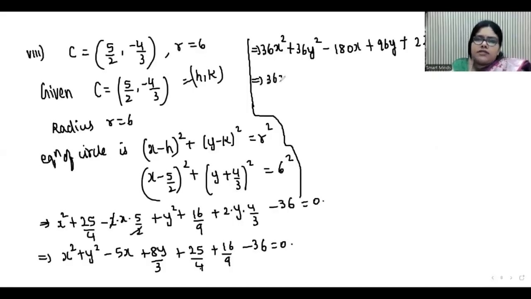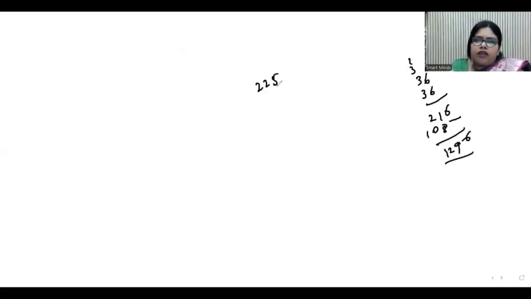Now 36x square plus 36y square minus 180x plus 96y. Now what is 225 plus 64? 225 plus 64 is 289. What is 289 minus 1296?